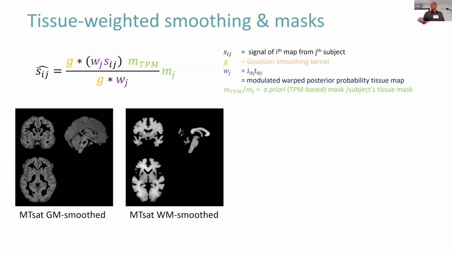And then we scale it with the Gaussian smoothed tissue probability maps. And in the end, we get gray matter smoothed, for example, MT-SAT images, and white matter smoothed MT-SAT images.